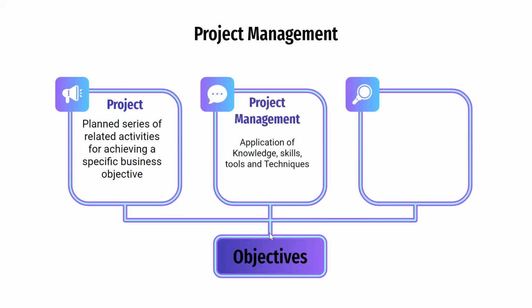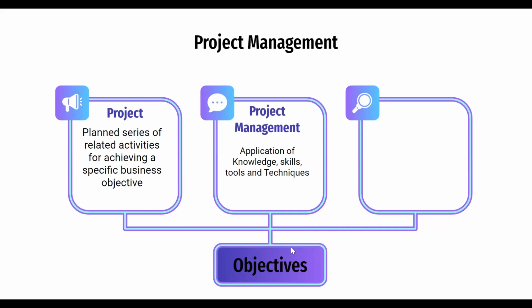Next is the project management. The project management is the application of knowledge, skills, and tools and techniques to achieve the specific targets within the specified budget and time constraints.